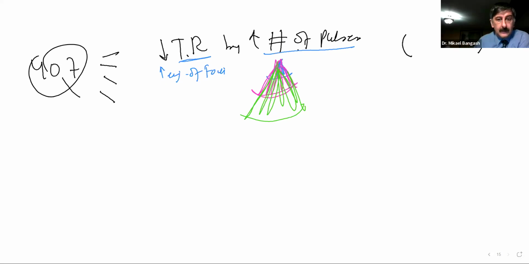What I said that day was that we add first the blue, then the pink, then the green. All those need to be added up, so that's going to increase the number of pulses, and by doing so, degrade your temporal resolution.